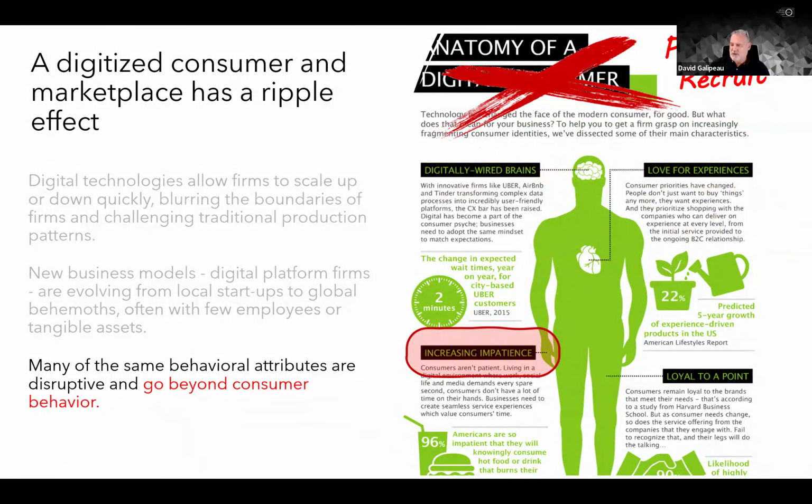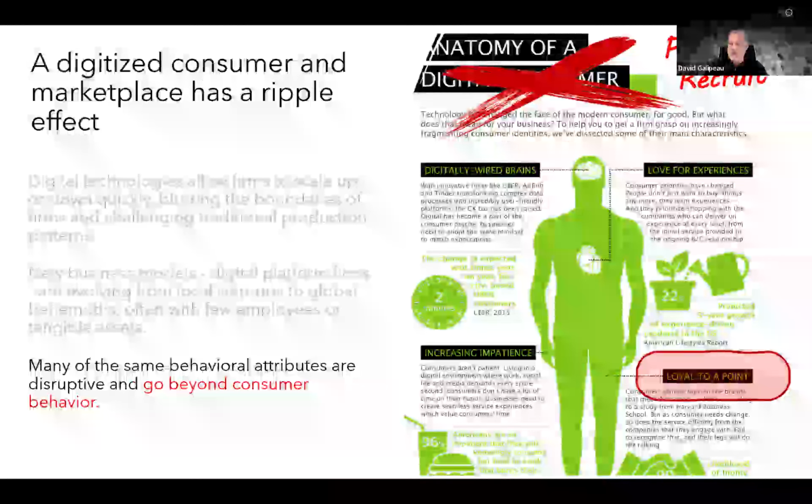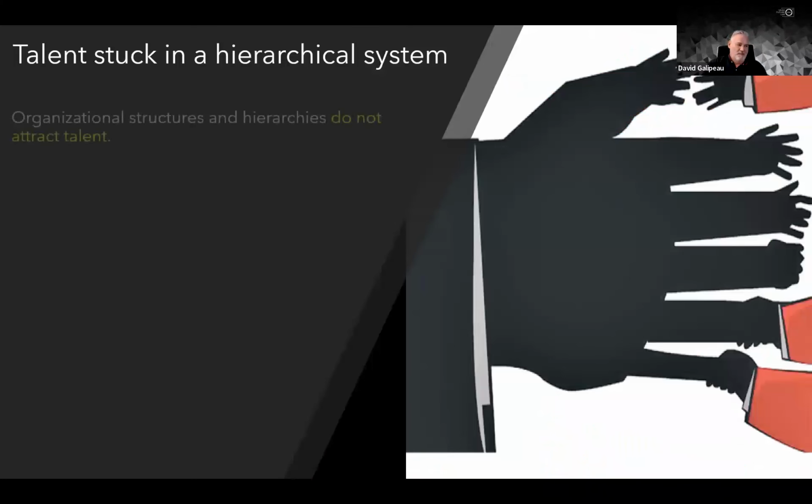How can your skills and talent enable a business to keep up with this rapid change? And loyal to a point. Working for one company, as we all know, is not going to be the future. Working for multiple companies, hopping from here to there, may be part of the future. Working for multiple companies at the same time, that's probably going to be a big part of the future.